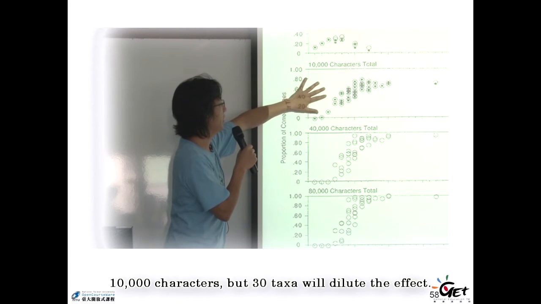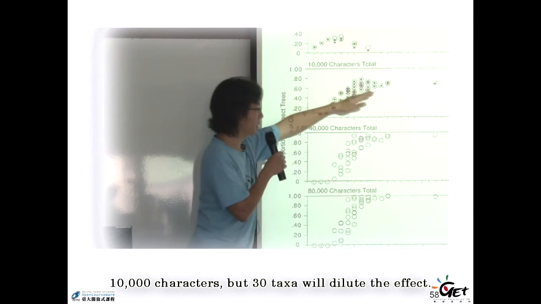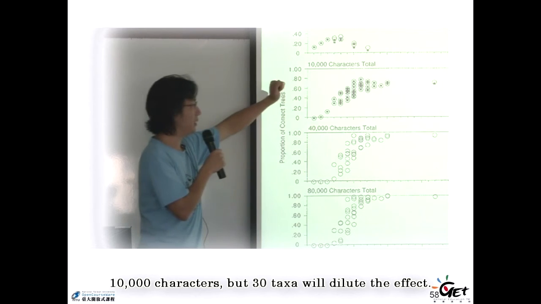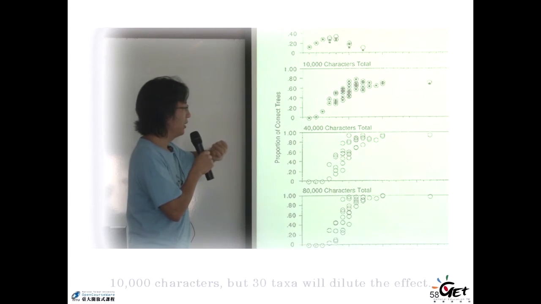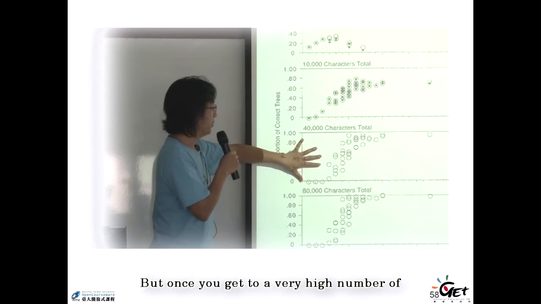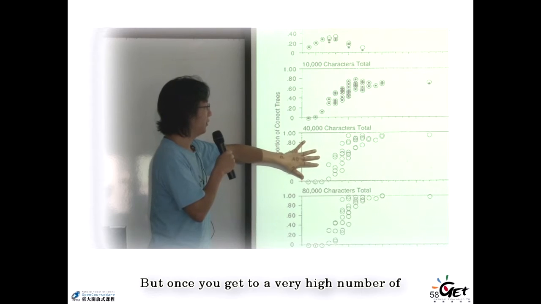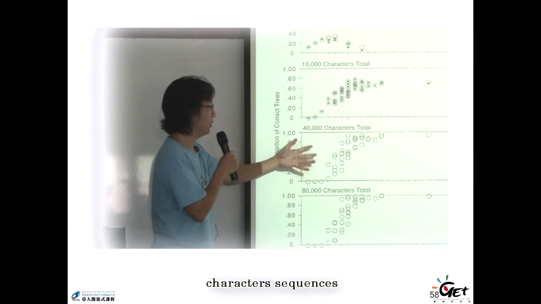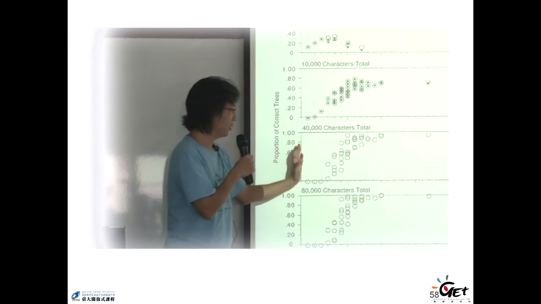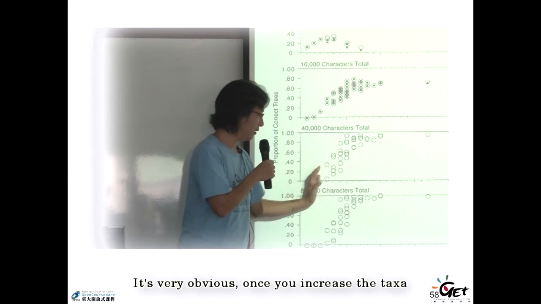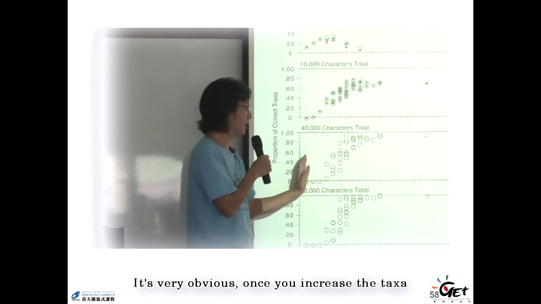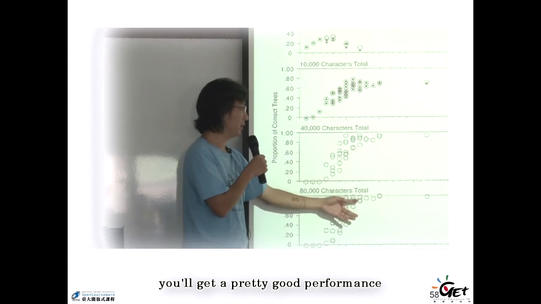So with just 10,000 characters, 30 taxa will basically dilute the effect. But once you get to a very high number of characters, the sequence length for example, it's obvious that once you increase the taxa, you get pretty good performance.